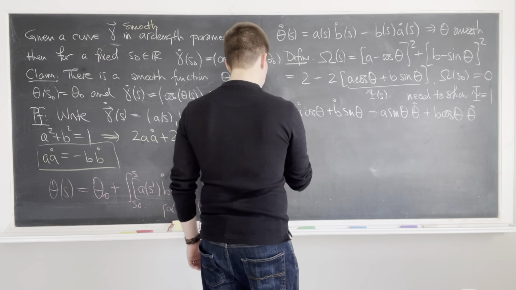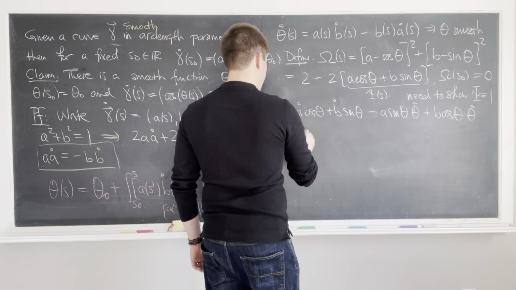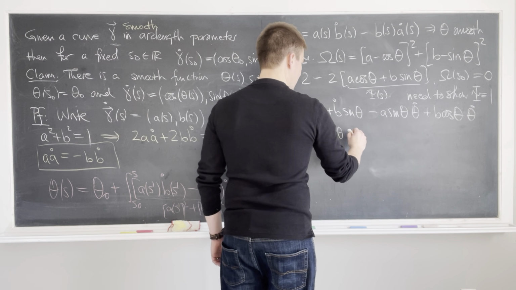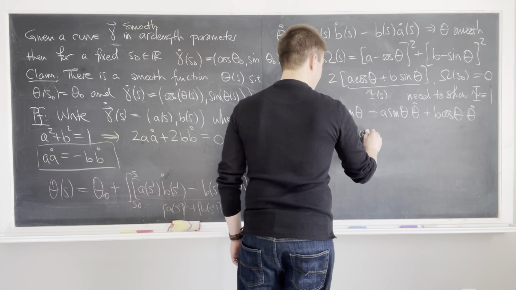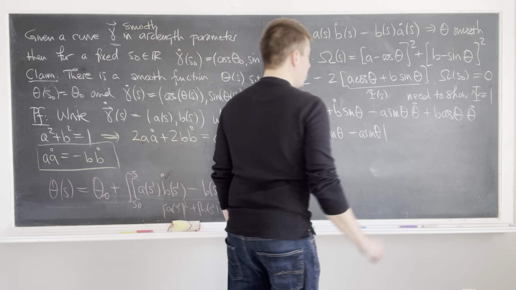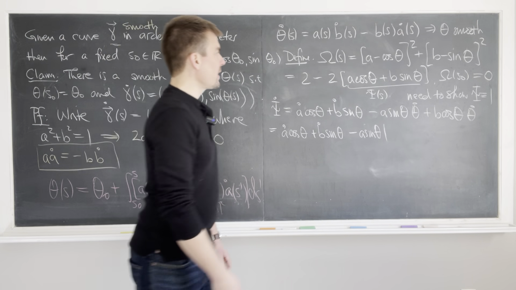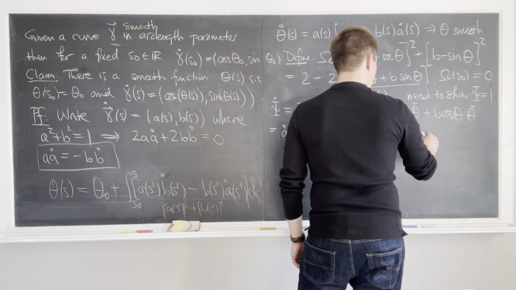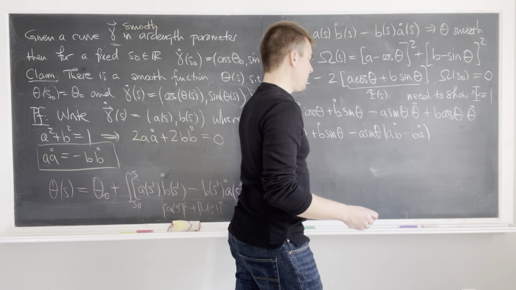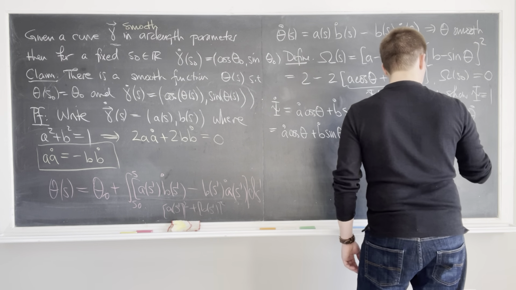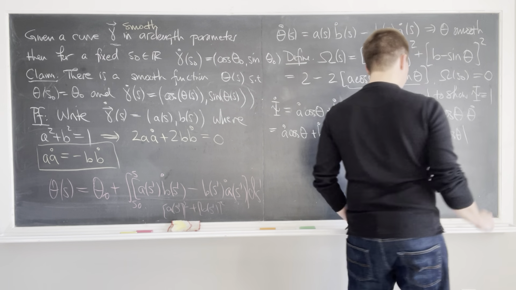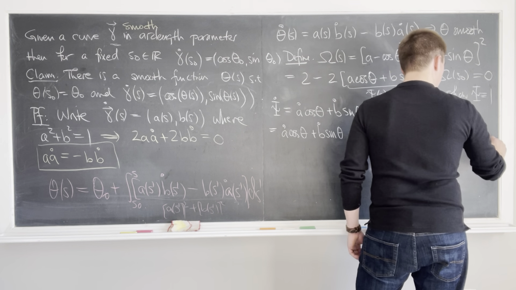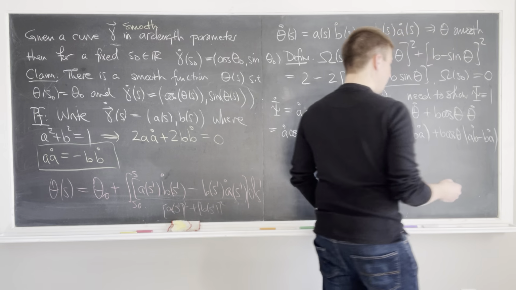So this is going to be a dot cosine theta plus b dot sine theta minus a sine theta, and then a b dot minus b a dot, and then b cosine theta times the same thing, a b dot minus b a dot, like so.